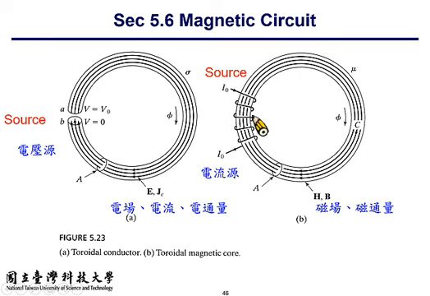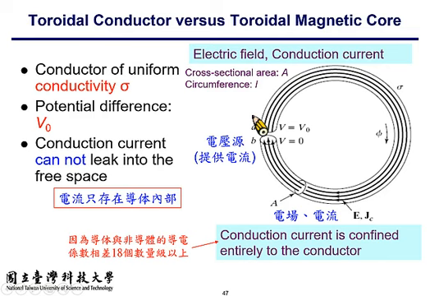And the electrical current will produce what? Magnetic field. And the collection of magnetic field is referred to as magnetic flux, phi, which gives magnetic flux density and magnetic flux.